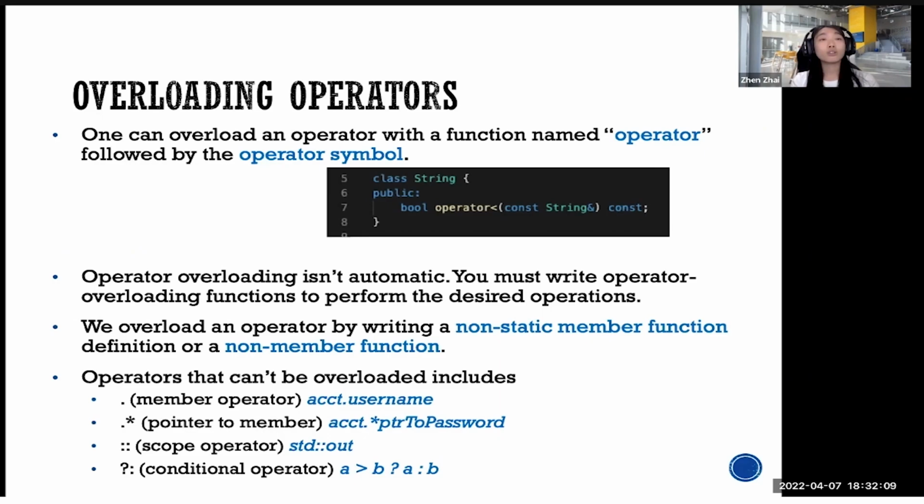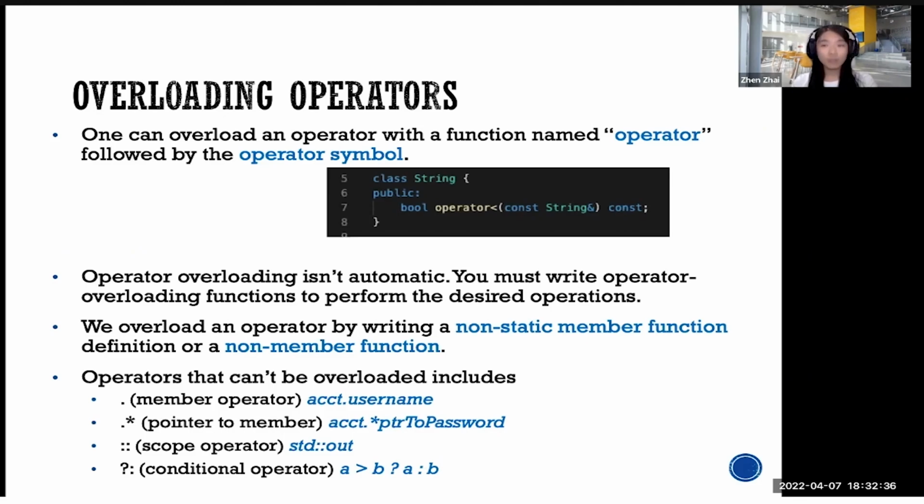There are two ways that you can overload an operator. So we talk about we want to use functions, but there's different types of functions that you could use to overload. You can use a non-static class member function, or you can use a regular function, or we call them non-member function. So remember what member functions are? Member functions are functions that belong to a class.